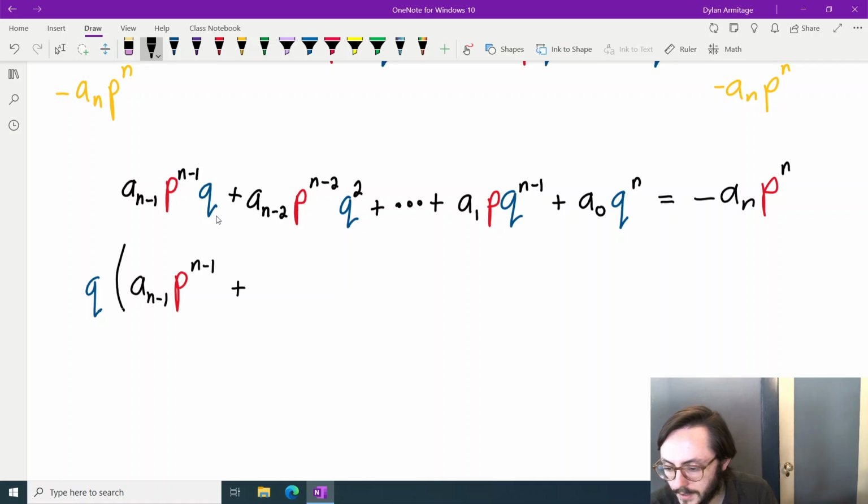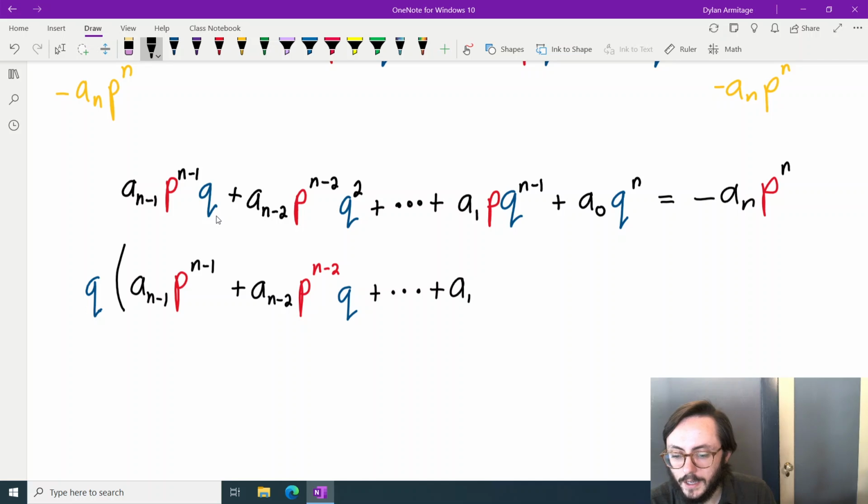So we have plus a sub n minus 2 times p to the n minus 2. And we factored out a q, so instead of q squared, we just have q to the first. Plus on and on.